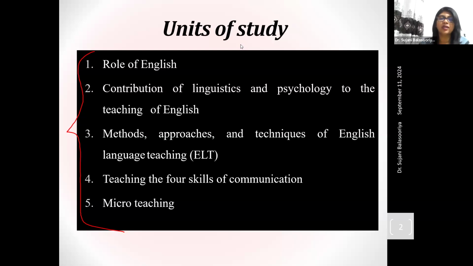Okay, right. So my target is to finish all the 5 units by the end of the sessions, right? Then I think you got some idea about the nature of this module.